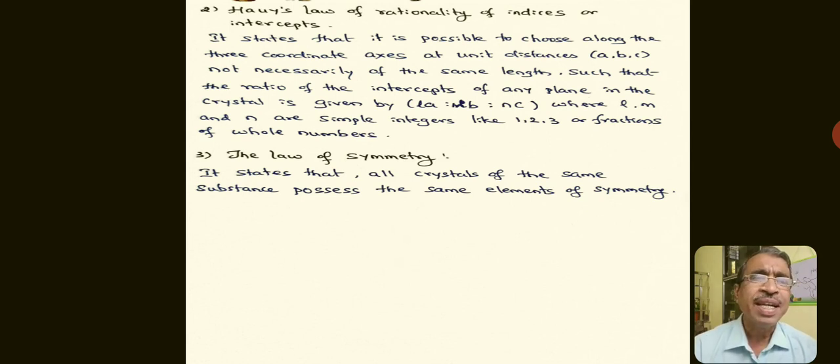Students, the detail about this Hauy's law you are going to study in the subsequent classes.